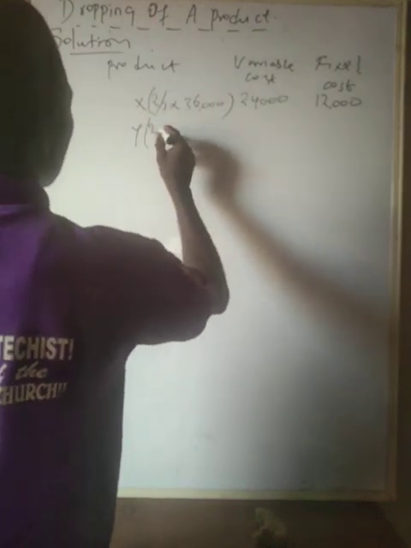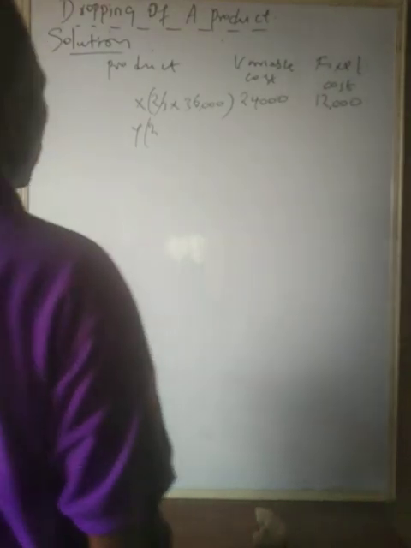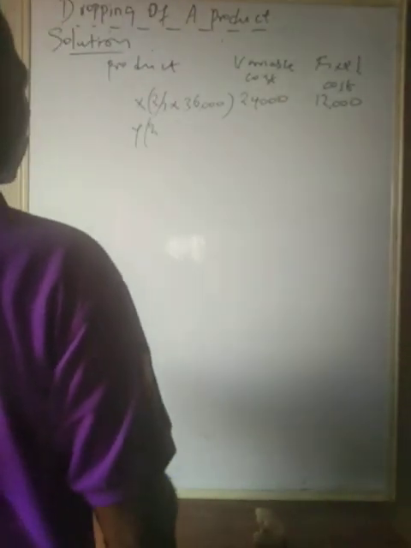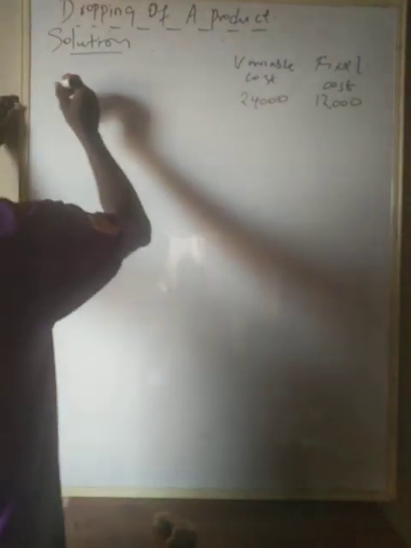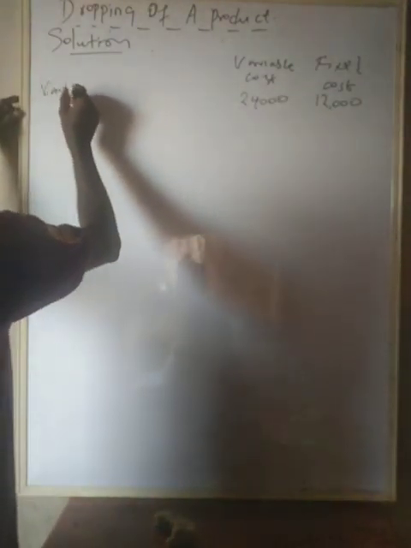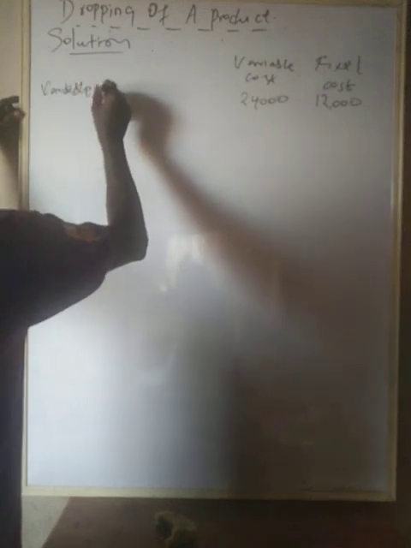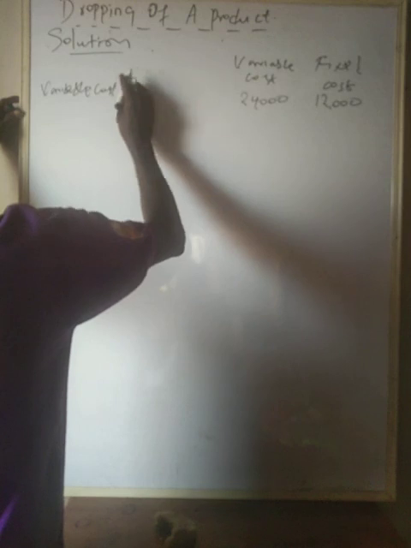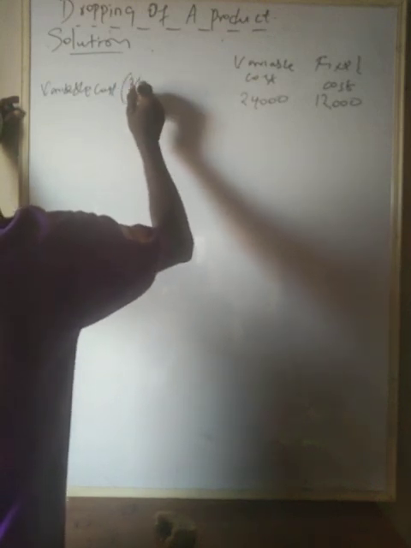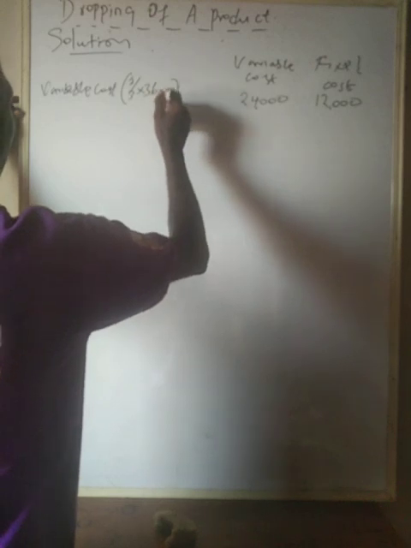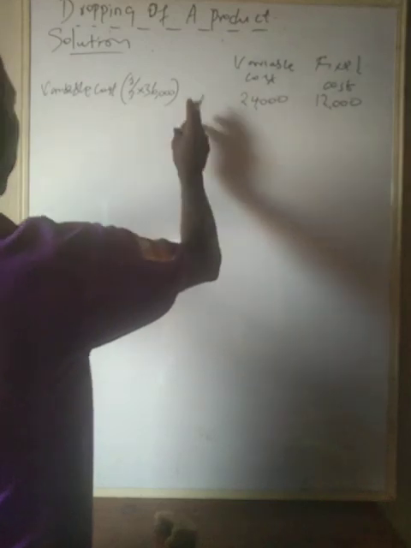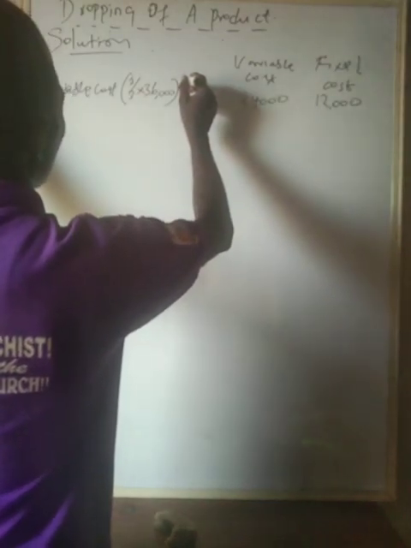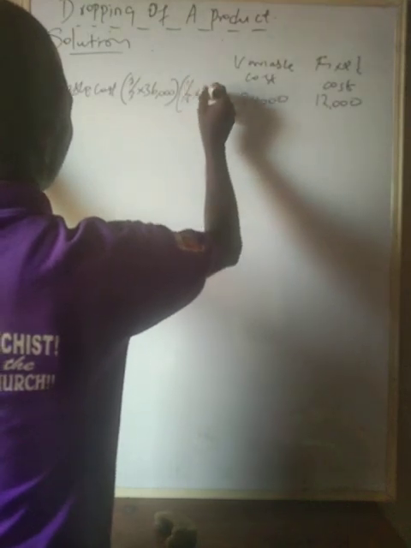And the product Y, 2/3 multiplied by 36,000. That is for variable cost. And the fixed cost is 1/3 multiplied by 36,000.